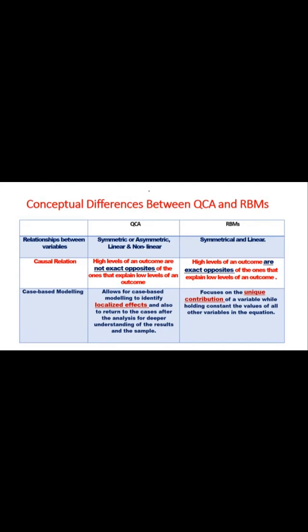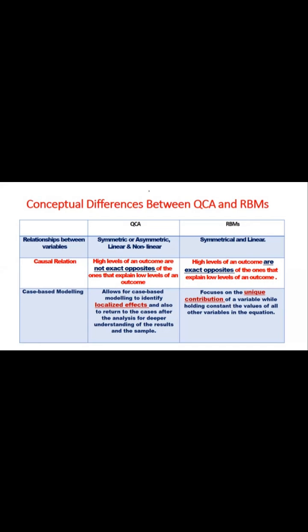This is the slide. I think you are seeing that indicates the difference between the QCA and regression-based method. For the relationship between the variables in a QCA, you can use the symmetric or asymmetric relationship, linear or non-linear.